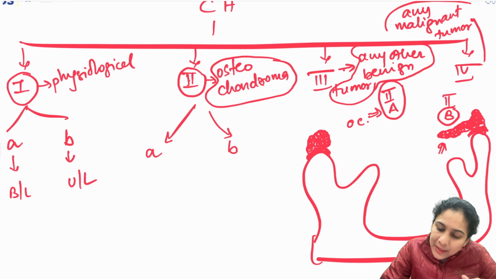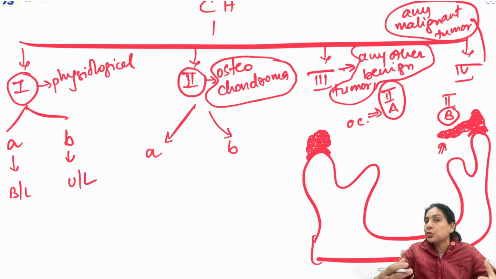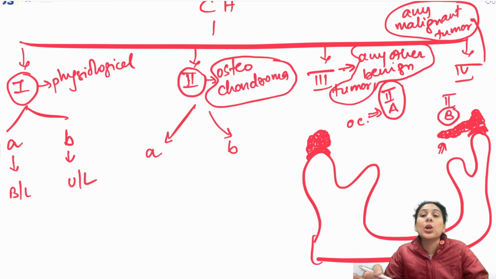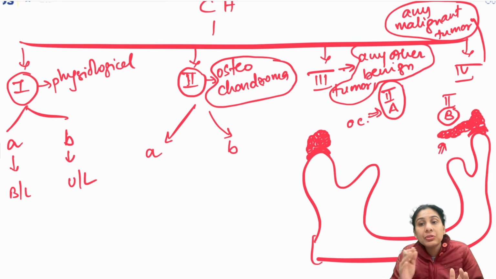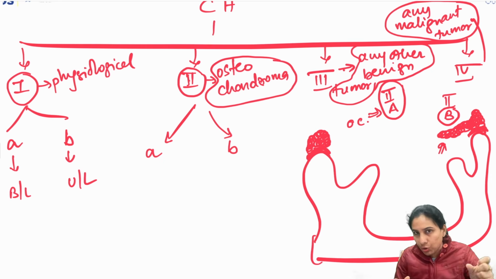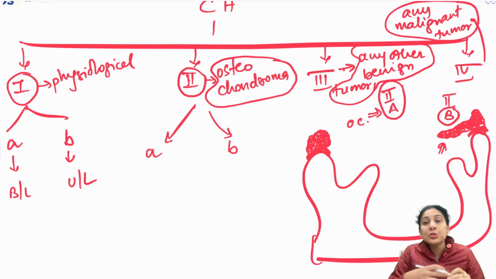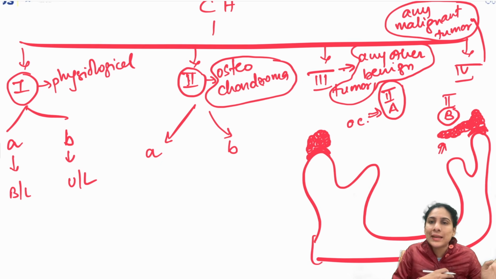So please understand, condylar hyperplasia type 1 is without tumor. It is a physiological growth. There is no tumor, there is no pathology, right? Whereas type 2, 3, 4 are due to a tumor. Type 2 is due to osteochondroma, type 2A due to only vertical growth, type 2B due to horizontal growth also. Type 3 is due to any other benign tumor, type 4 is any other malignant tumor.